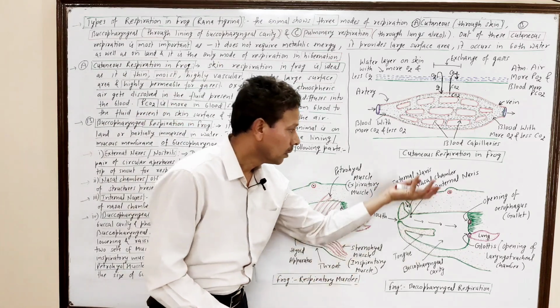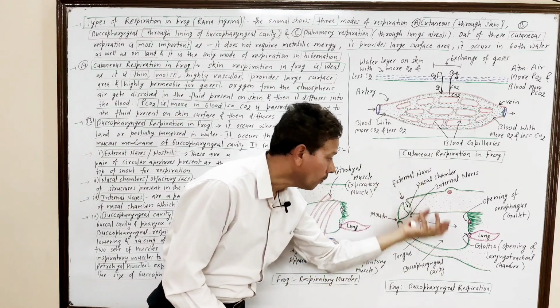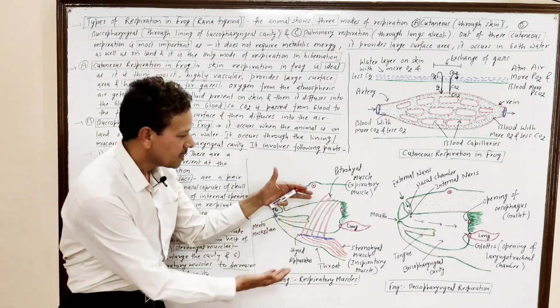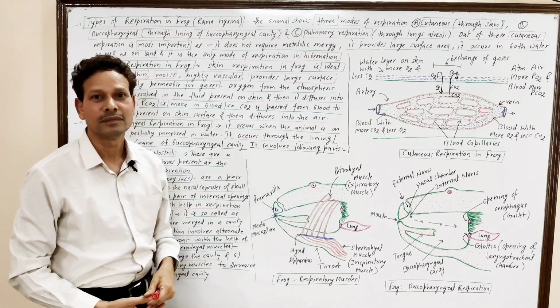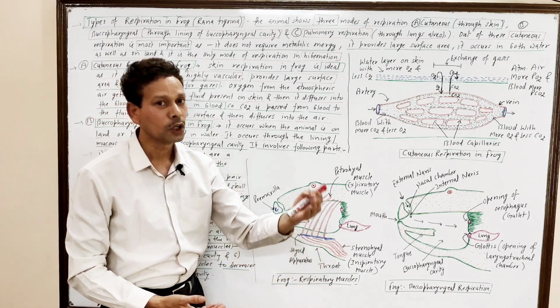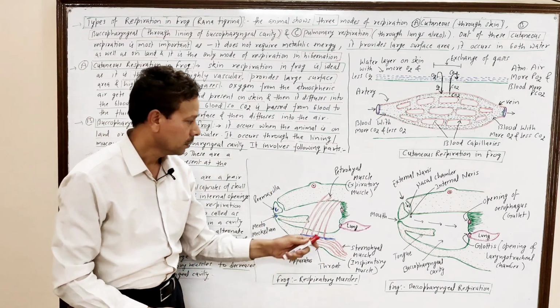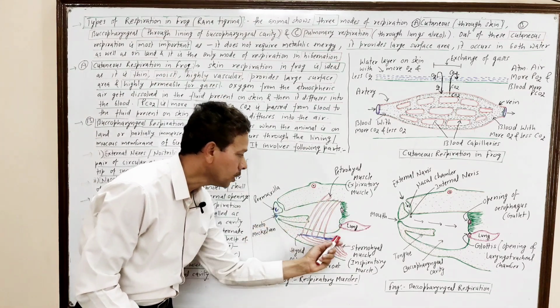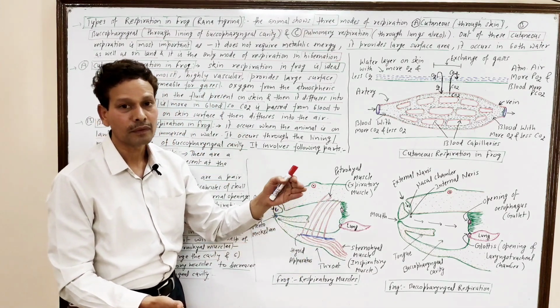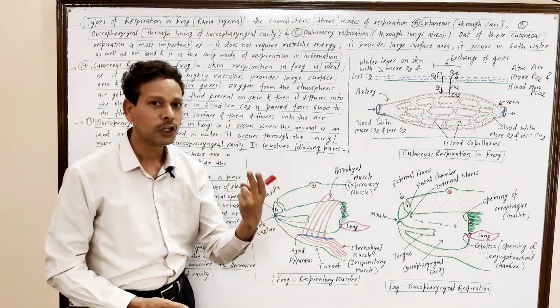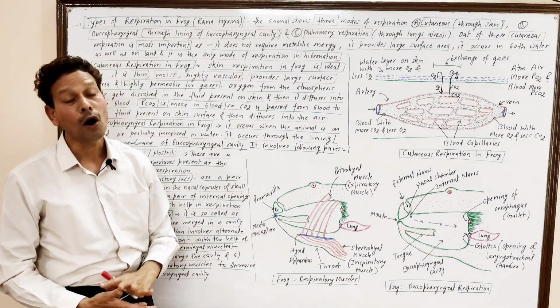Fourth, the mechanism of buccopharyngeal respiration. This entire cavity gets lowered and raised. It means enlargement and lowering of this cavity. Two sets of muscles are involved.